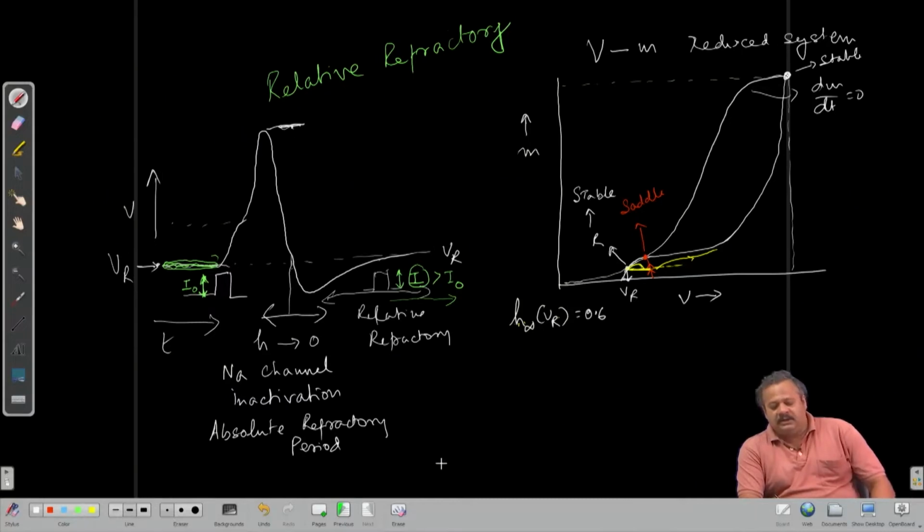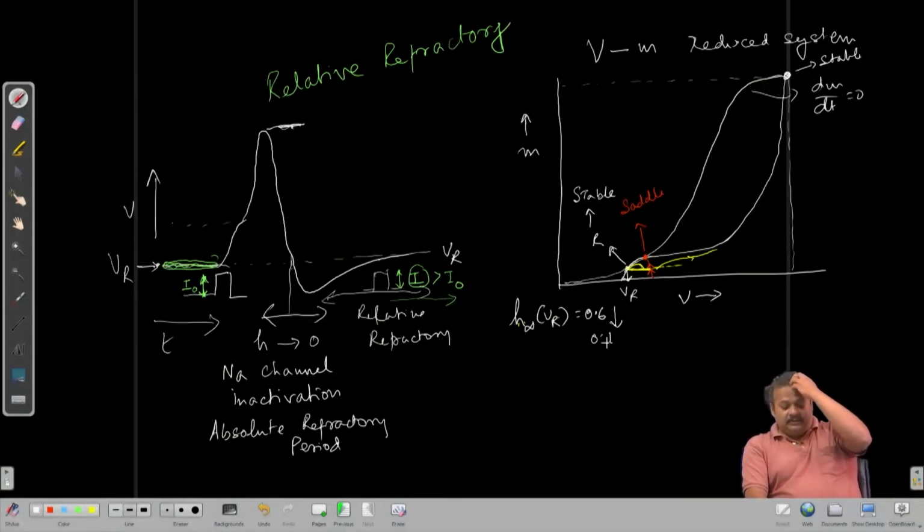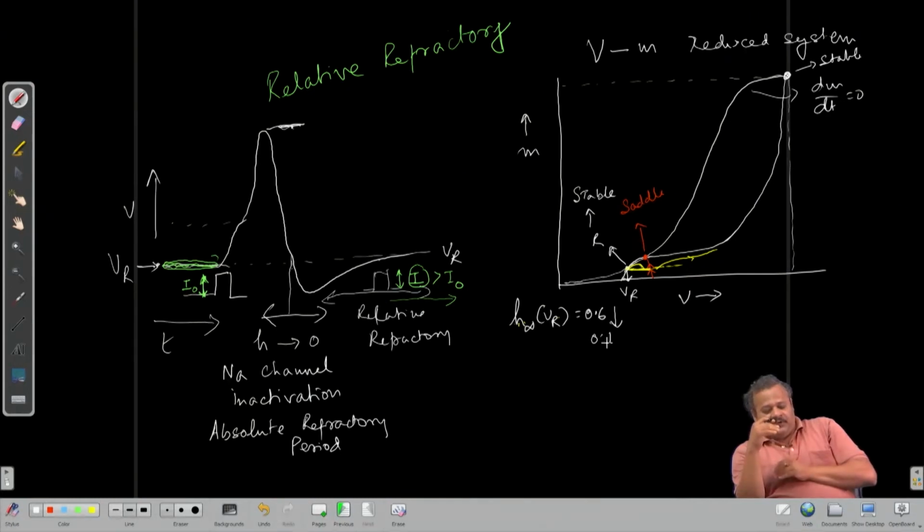Now, let us consider that H is more or less fixed at the value it reaches towards the middle of the action potential, when H has dropped down to about 0.1. That is what we tried to explain: when the voltage reaches a very high value, H reduces, going to 0, and then it tries to get back up.